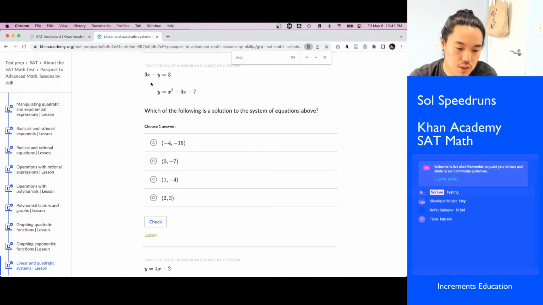So if I solve for y, I get y is equal to 3x plus 3. Then 3x plus 3 is equal to x squared plus x minus 7.